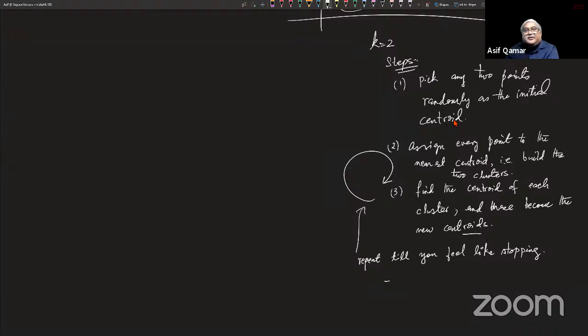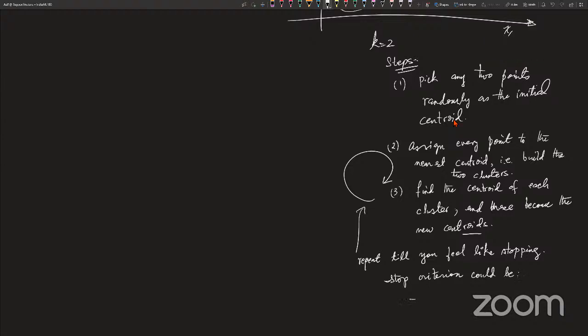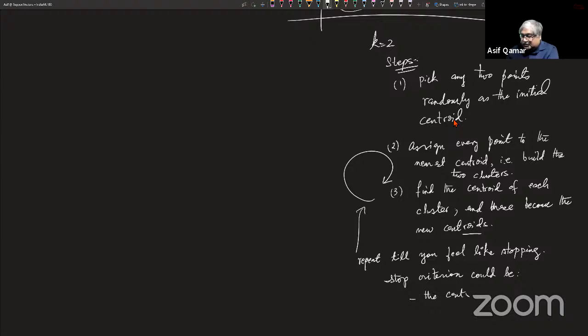For example, you can have many stop criteria. Stop criterion could be one, the centroids do not move much.